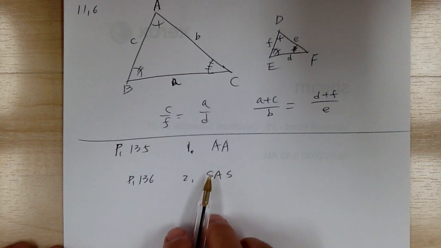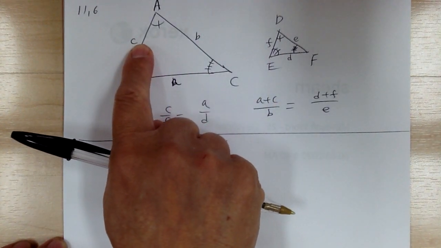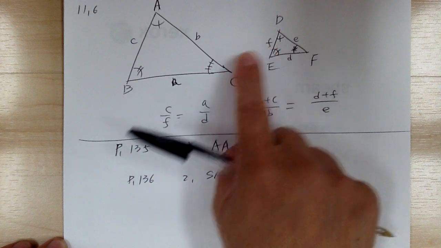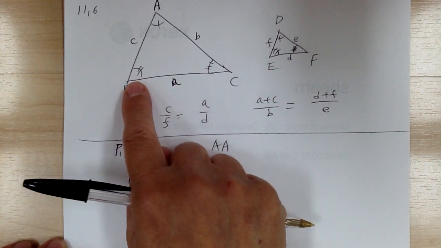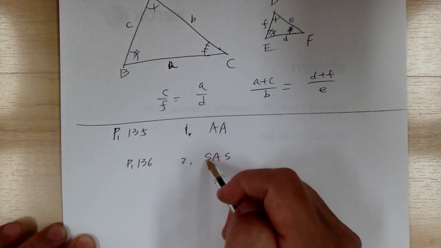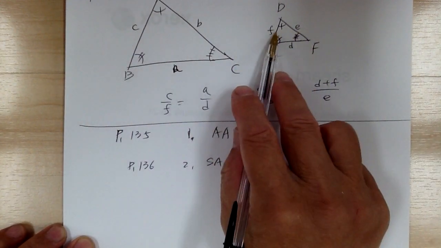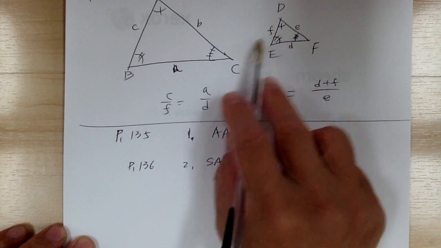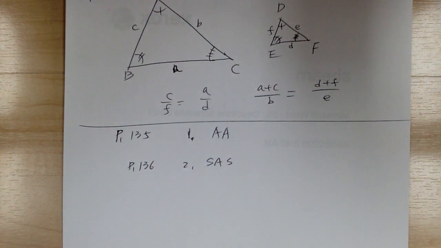So let's say the side C is equal to twice the length of F, and A is twice the length of D, and angle B is congruent to angle E. That would be SAS. Again, the sides would be in the same ratio. Now, if C is twice as long as F, but A is 3 times D, then they are not similar.